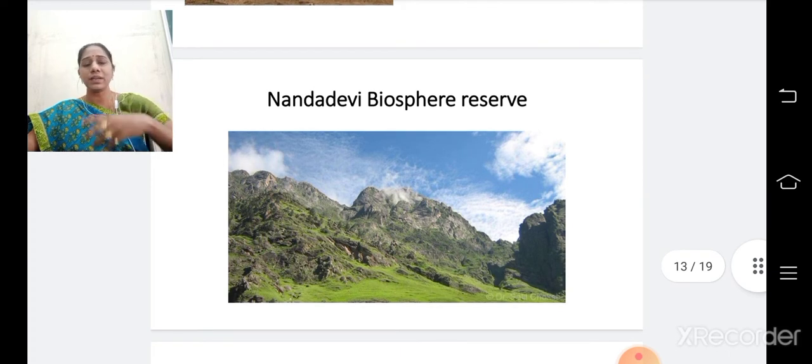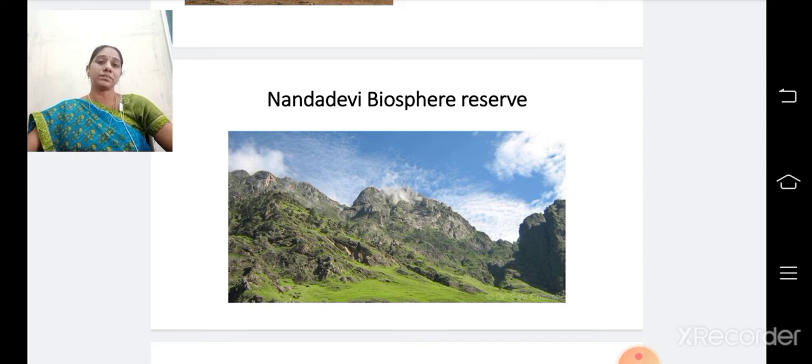See, biosphere reserves. These are very large areas, 5,000 square kilometers. There are 18 biosphere reserves all over India. Nanda Devi is one important biosphere reserve. In a biosphere reserve, there are three parts: the core part at the center, the mantle part, and the transition zone. In the core part, no one is allowed.